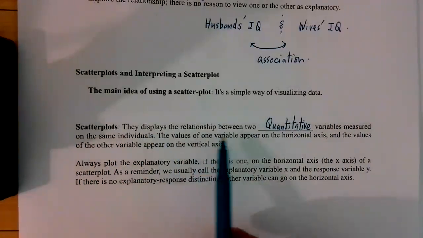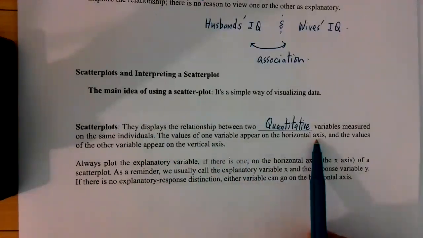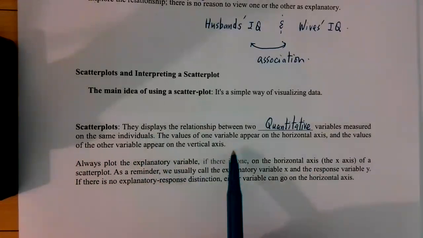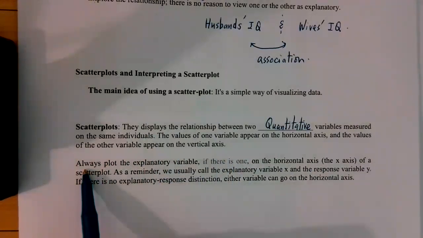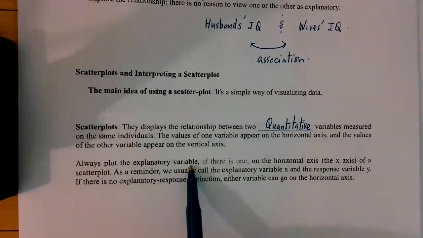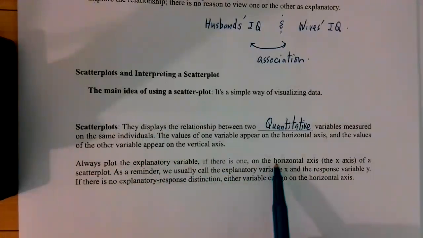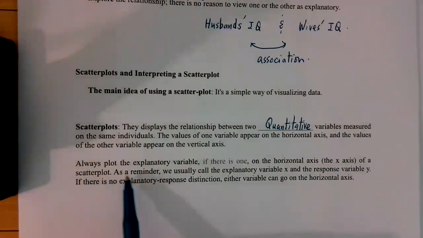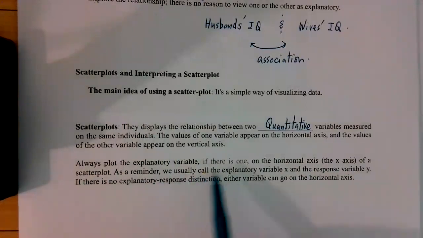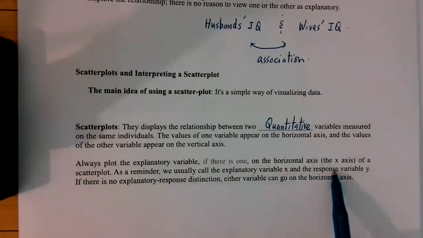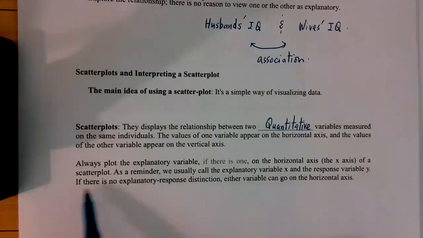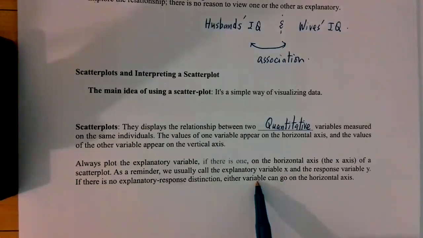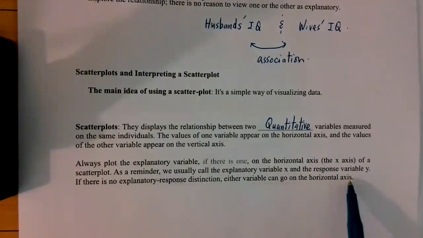The values of one variable appear on the horizontal axis, and the values of the other variable appear on what? Vertical axis. Always plot the explanatory variable, if there is one, on the horizontal axis, the x-axis of a scatter plot. As a reminder, we usually call explanatory variable x and response variable y.